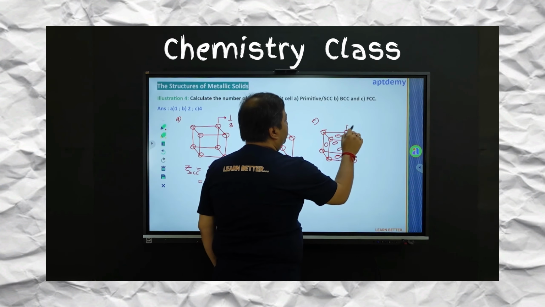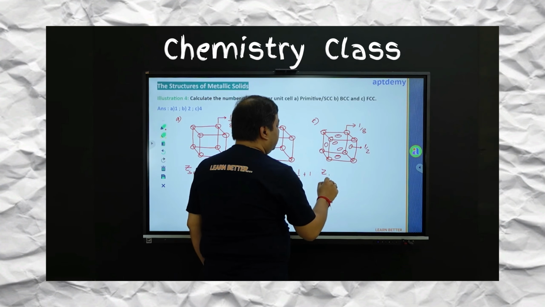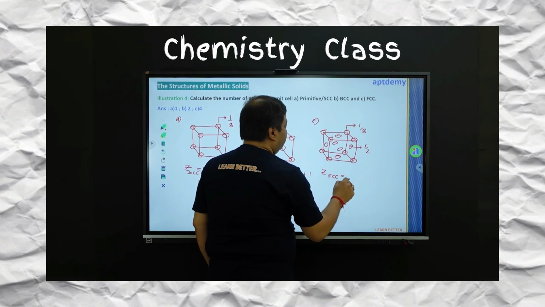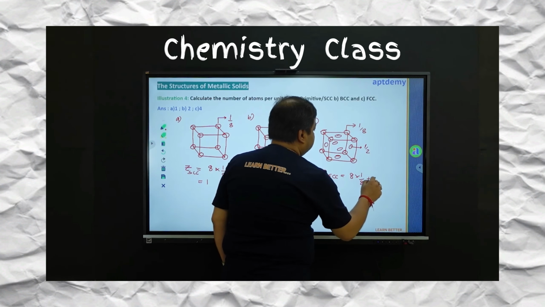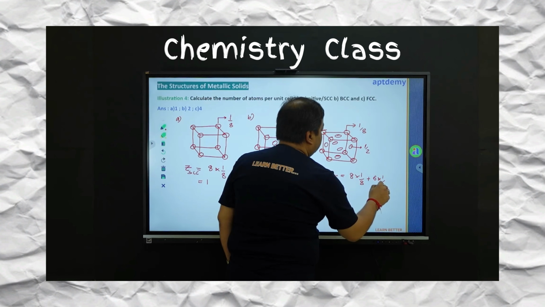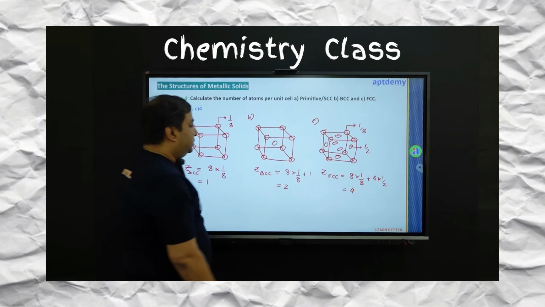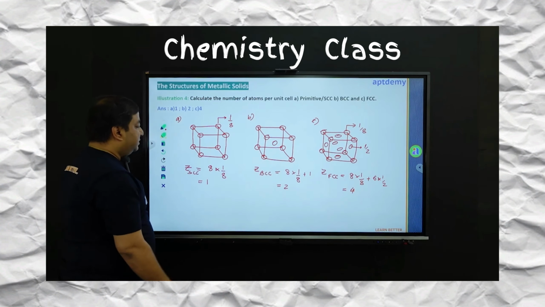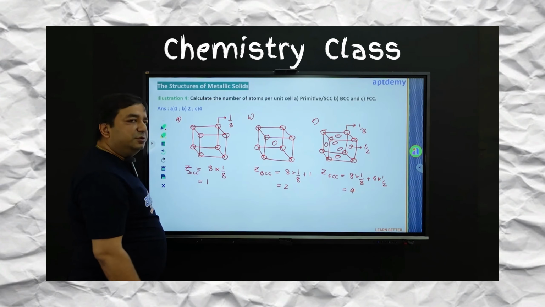The contribution from the corner is 1 by 8 and the contribution from the face center is 1 by 2. So Z FCC is going to be 8 times 1 by 8 plus 6 times 1 by 2, and the total will come out to be 4. So the answers are: for A 1, for B 2, and for C 4.